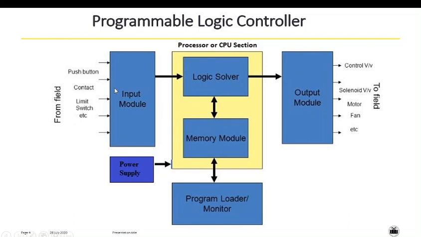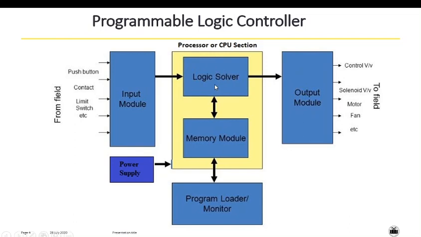In the input module, we are getting various information from the physical parameters, through what are called sensors, and these sensors convert the physical information into electrical information. The input module reads those input signals and passes those electrical input signals to the processor or the CPU of the programmable logic controller.